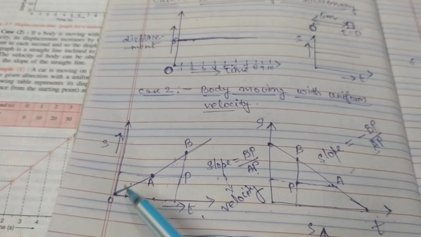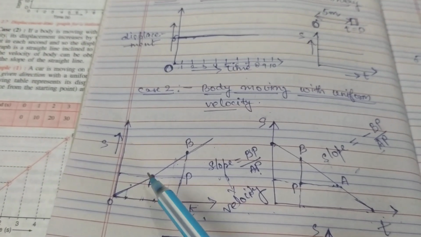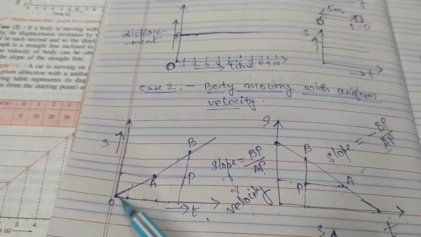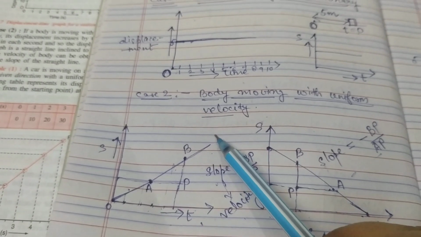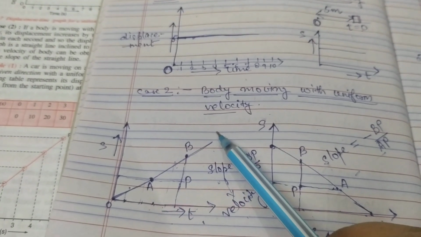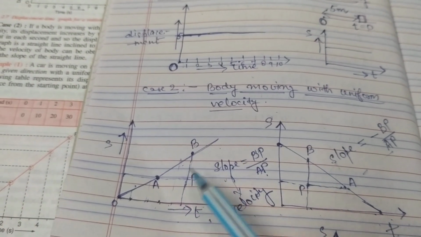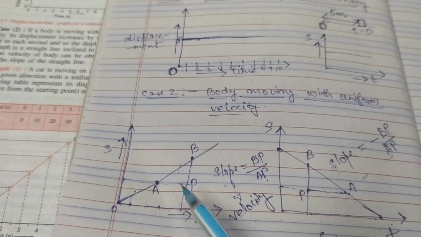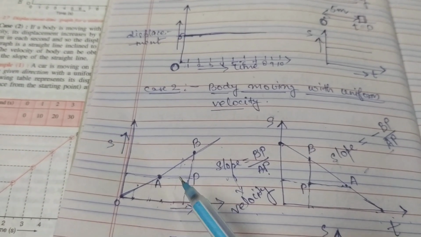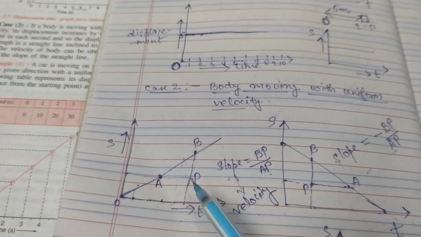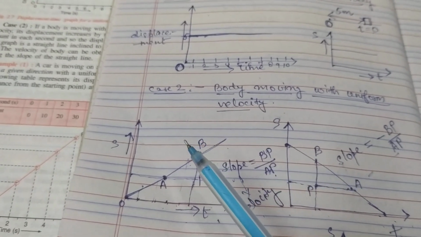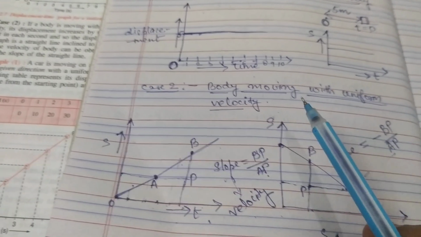A graph having a line with an increasing slope or a positive slope is showing that the body is moving with a uniform velocity and going away from the origin.